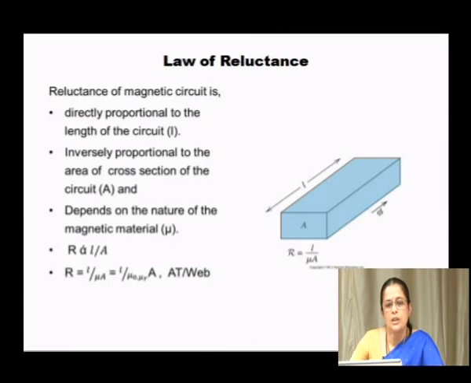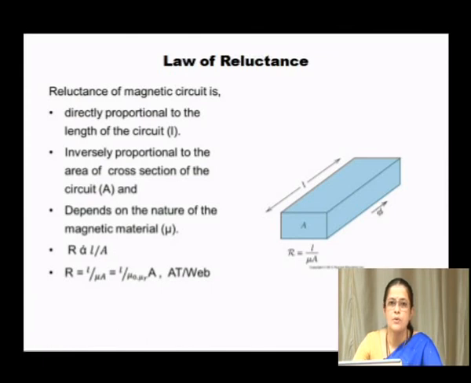The equation governing this law of reluctance is therefore R proportional to L by A. Here R is the representation of reluctance. It is directly proportional to the length and inversely proportional to the area of cross section.